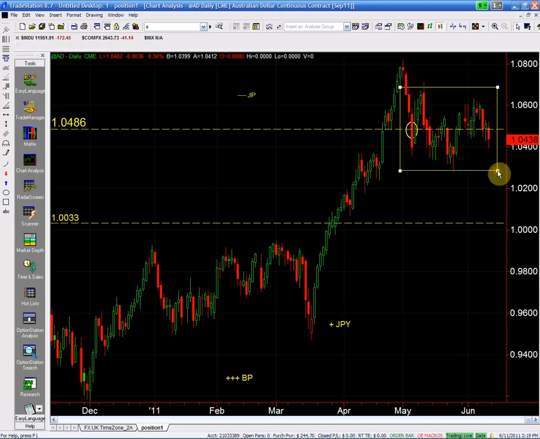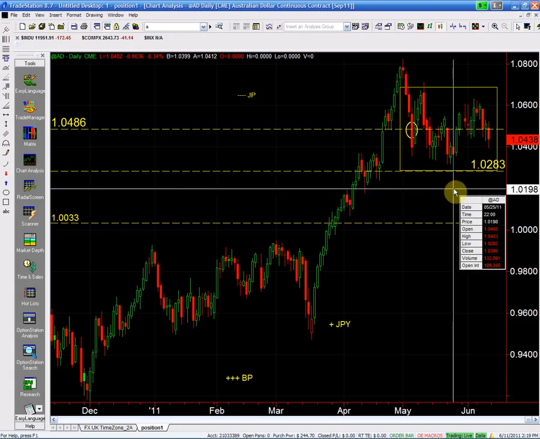Our major trend change in the Aussie would be a trade below the 102.83. That will be the beginning that we can consider now. We are going to have the beginning of a correction or a trend change in the Aussie.